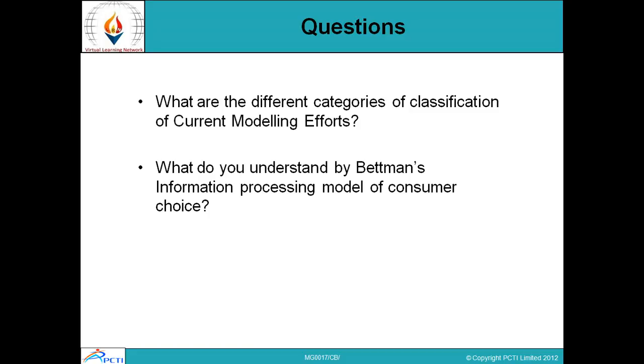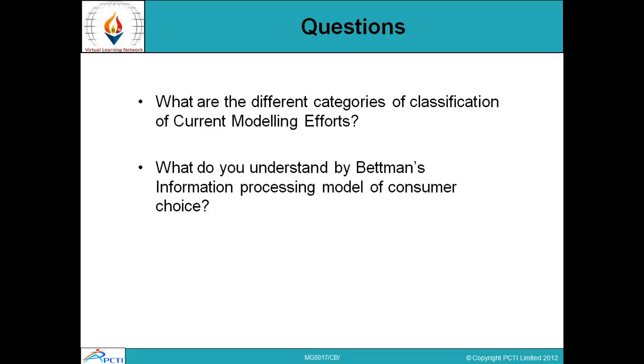Can you recollect that? The different categories of classification of current modeling efforts are based on 4 factors: the objective of the modeling, support of basic discipline, support of analytical technique, and last but not least, the basic unit of the consumer behavior model.